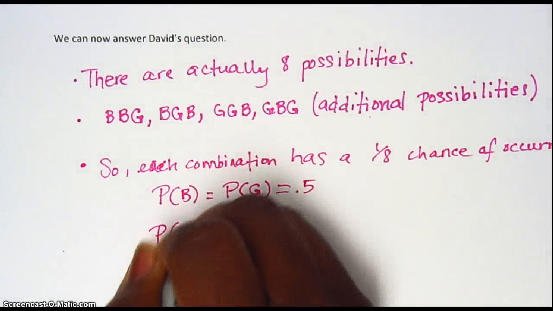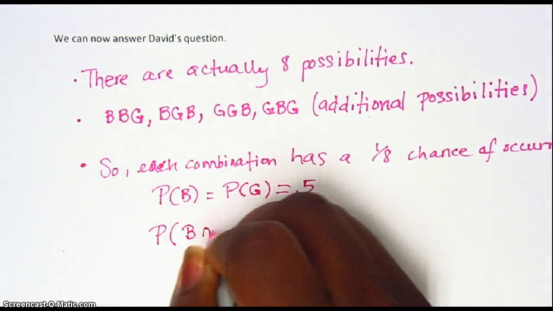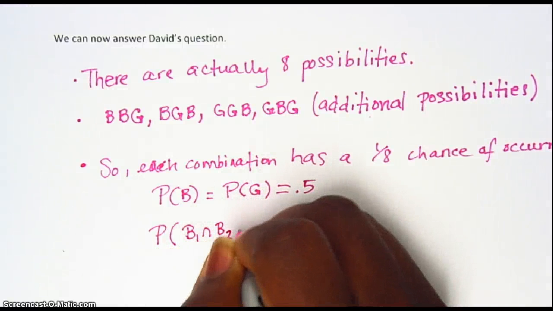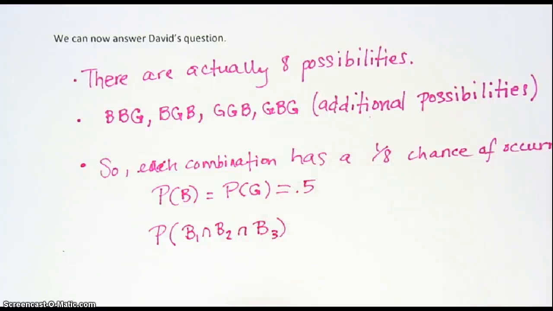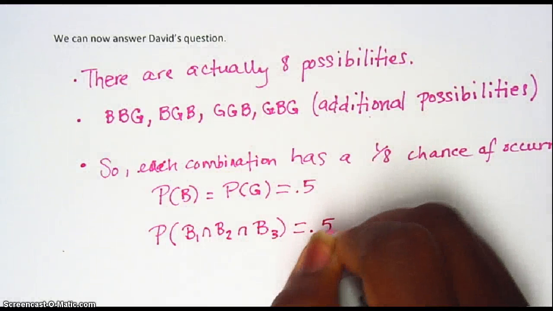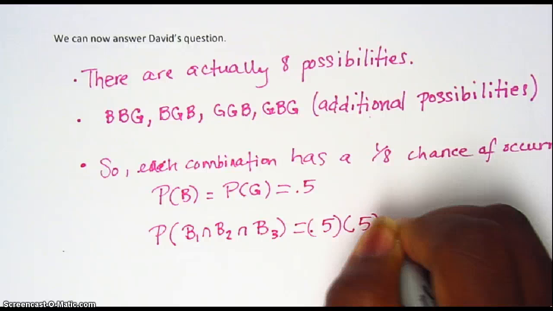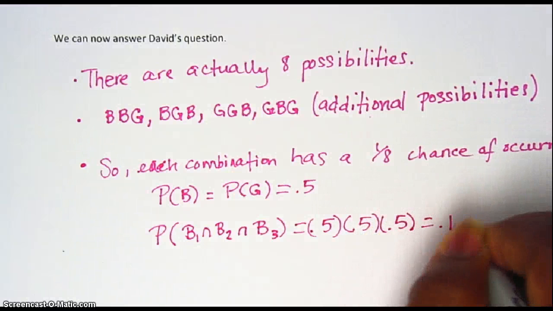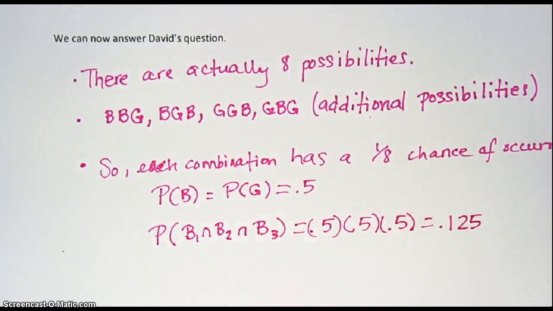And when I consider the probability of having, for example, a boy first, and a boy second, and a boy third, then I must multiply those individual probabilities together to come up with 0.125.